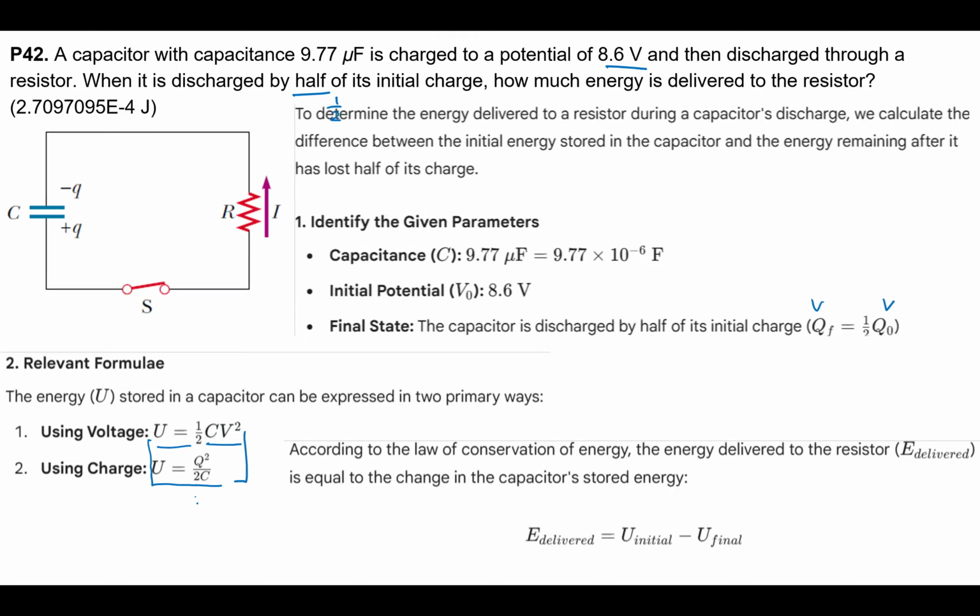Here, note that Q is CV. And according to the law of conservation of energy, the energy delivered to the resistor is equal to the change in the capacitor's stored energy. So the energy delivered is the initial energy minus the final energy. And note that we are going to use the Q.